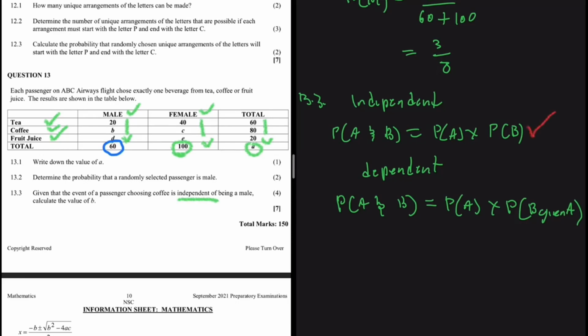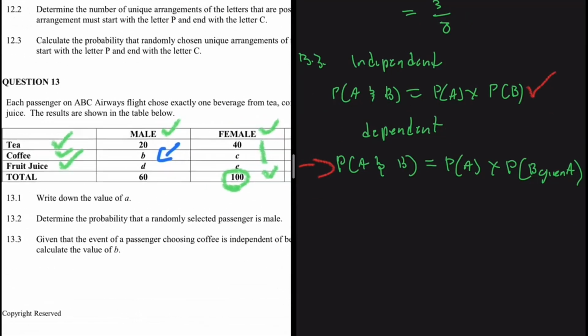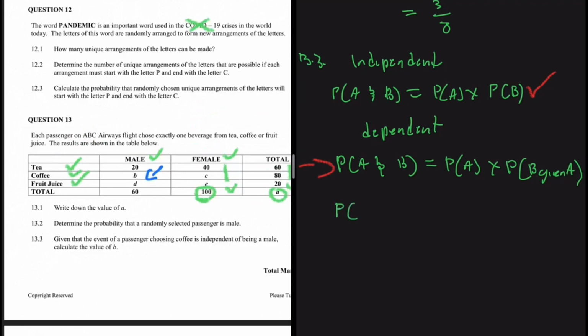But if we had a dependent event in a different situation, then you do what we say in here. So let's go to our table and look at B, right? B is the probability of a male choosing coffee. So the probability of being a male and choosing coffee will be equal to the probability of being a male multiplied by the probability of choosing coffee, from our formula here for independent events.